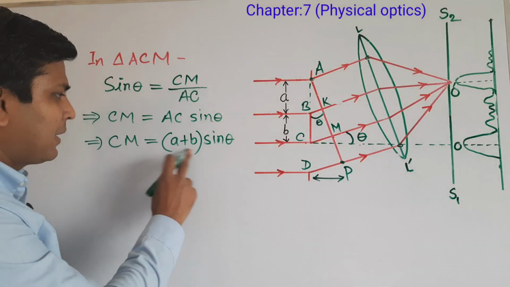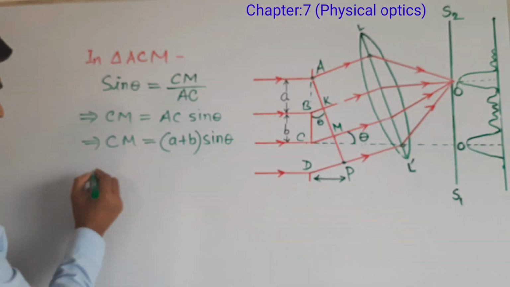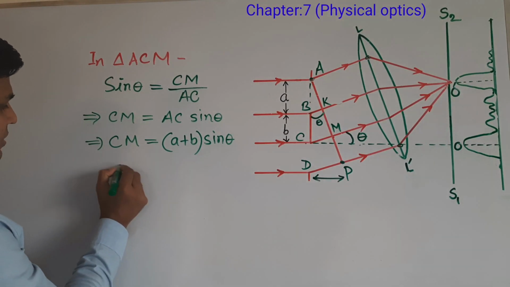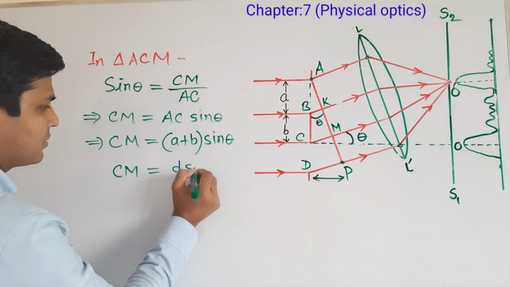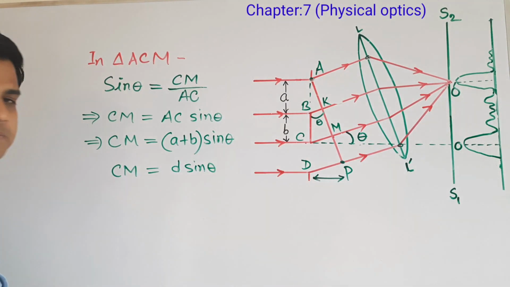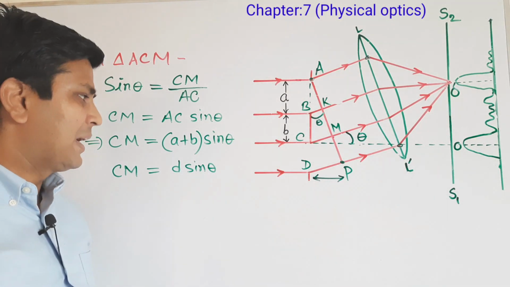As you know, A plus B is the grating constant, and the grating constant is D. That is why we can write here CM equals D sine theta. This is the formula to calculate the path difference of a diffraction grating.